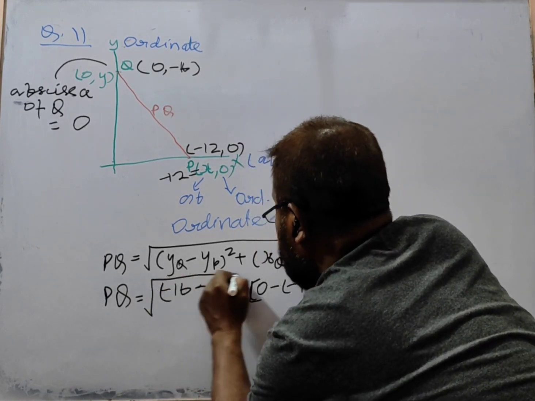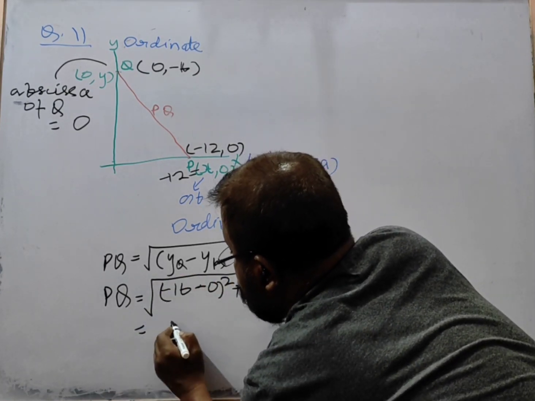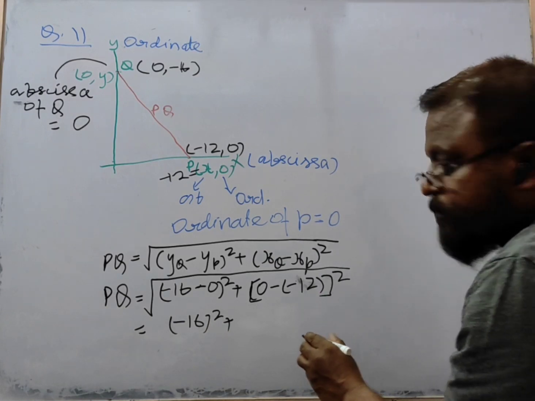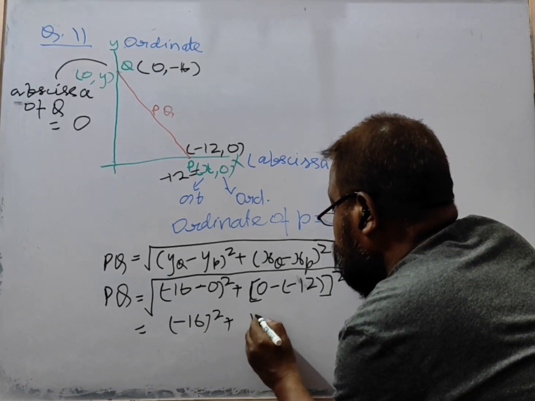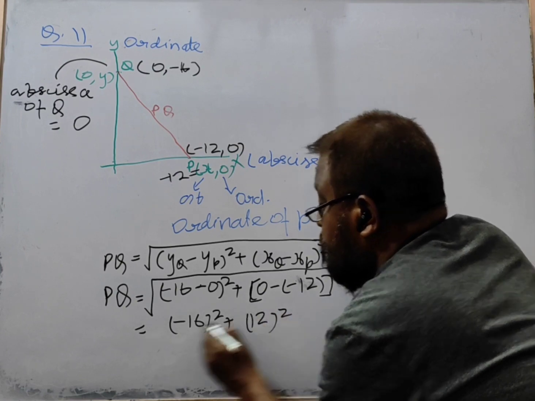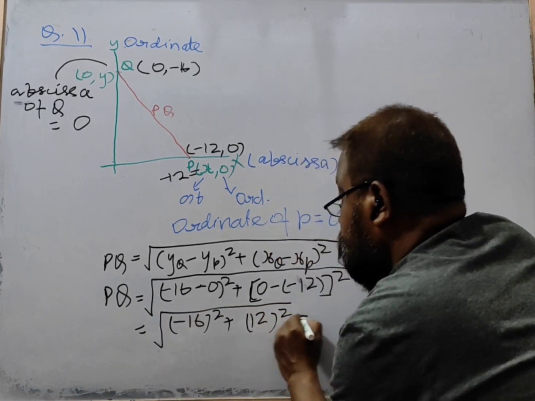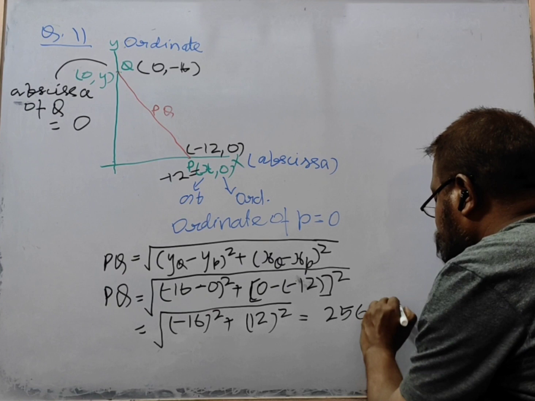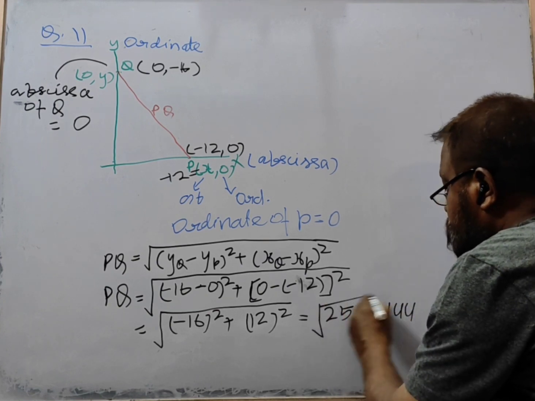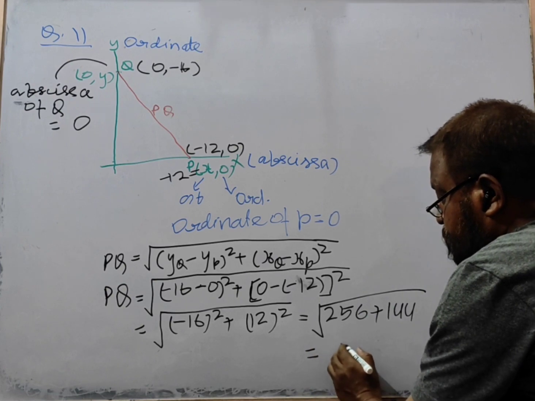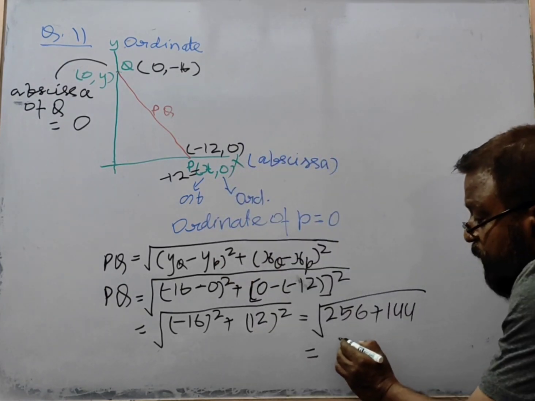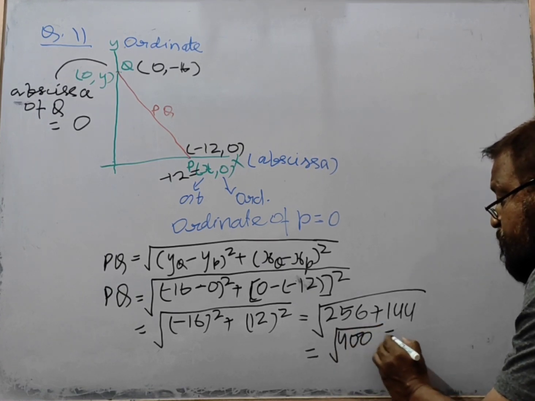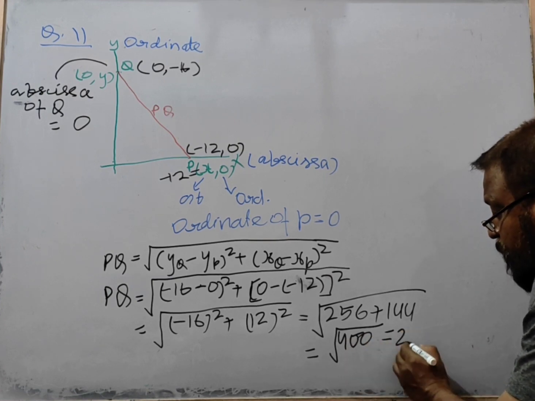So we take the square root of this and it becomes the square root of (minus 16) whole square plus 12 whole square. 16 square is 256 plus 12 square is 144, so it becomes 256 plus 144, which is equal to 400. The square root of 400 is 20.